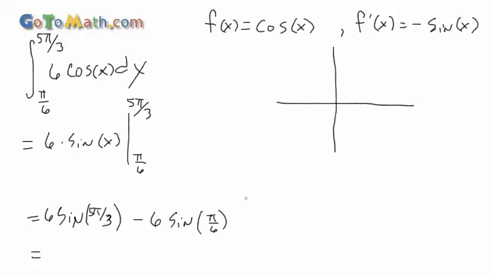So pi thirds, here's the key right here. Pi thirds, its degree equivalent is 60 degrees, okay? So let's say this is 60 degrees here. So we'll say this is 60, right? Then we got 30 degrees, okay?